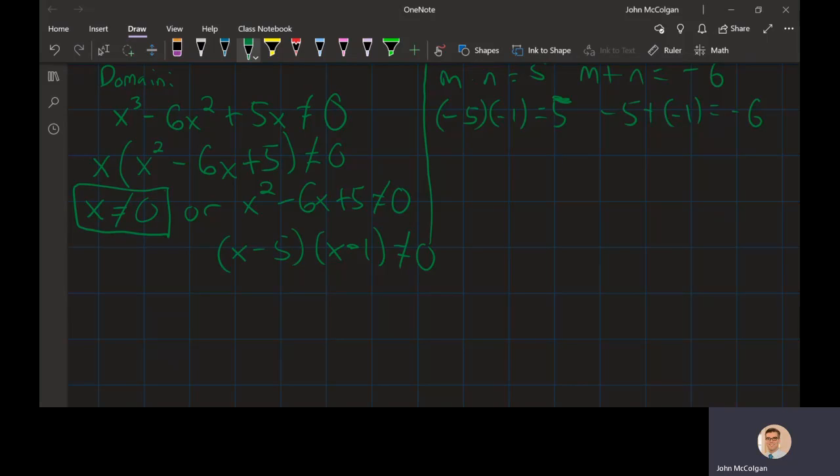So for this to not be equal to 0, that means that x minus 5 is not equal to 0, or x minus 1 is not equal to 0. We can solve both of these inequalities. For this one, just add 5 to both sides, and we'll get that x is not equal to 5.